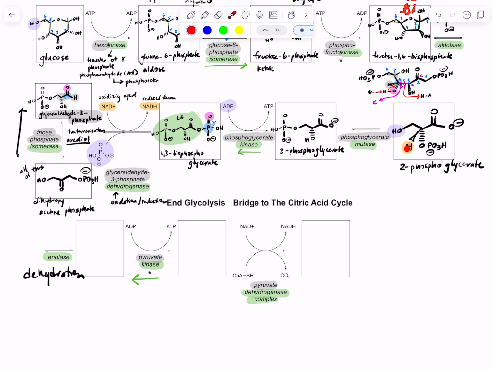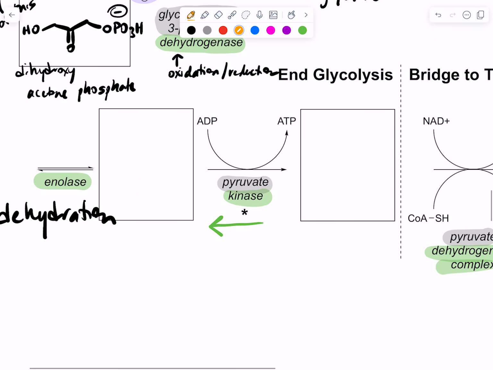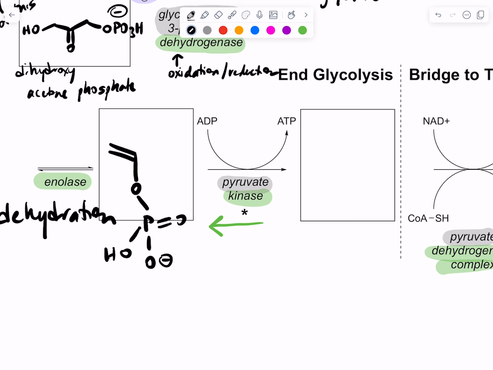A base deprotonates this alpha proton, you get an enolate, and then the enolate electrons kick down and OH minus leaves and picks up a proton while it's leaving. And so the next molecule is this one. A clue to its name is in the name of the enzyme.